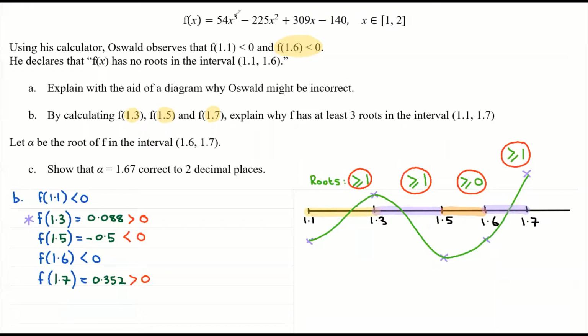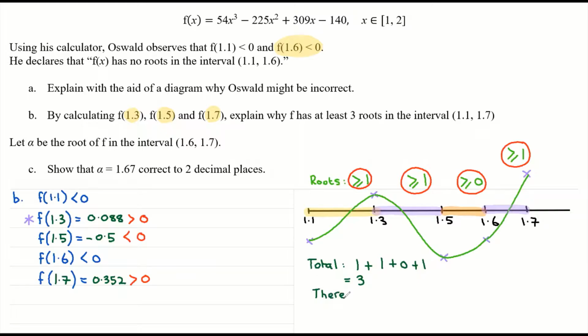So we need to add up all these. So the total would be 1 plus 1 plus 0 plus 1, which equals 3.